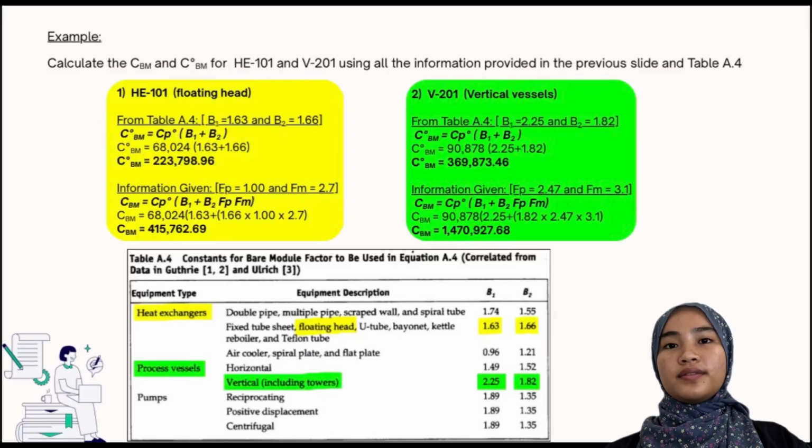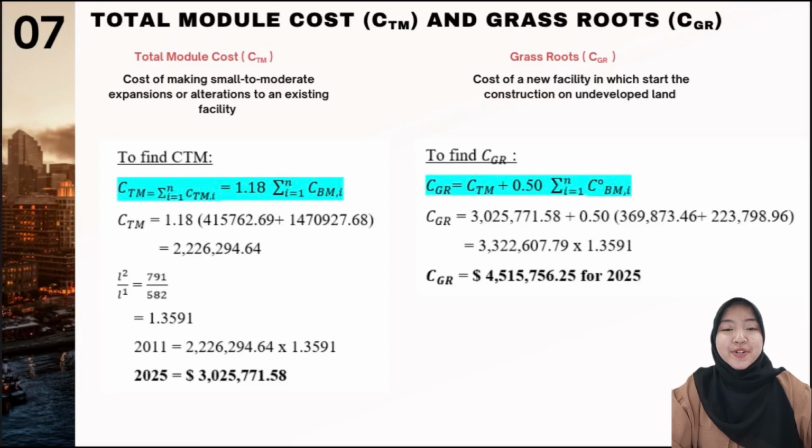And for the vertical vessel, the C0BM is 369,873.46 and CBM is 1,470,927.68. Lastly, the final calculation for total module cost CTM and grassroots cost CGR will be explained in the next video. That's all from me. Thank you.